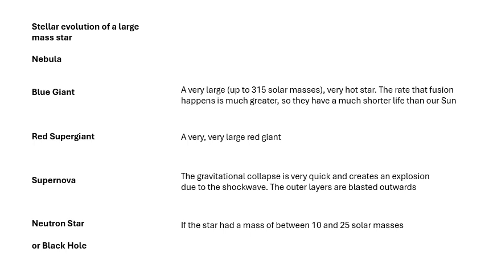What you're left with after that depends on the mass. If the star has a mass of between 10 and 25 solar masses, then we're talking neutron star. If its mass was at least 20 solar masses, see that there's a little bit of overlap, it may become a black hole, it may not. But if it's at least 20 solar masses, then you get a black hole.